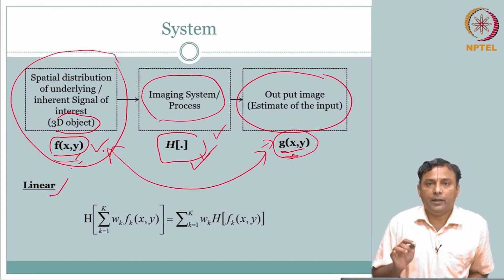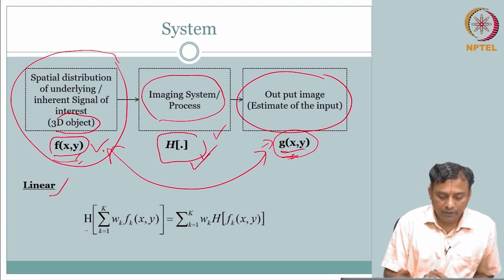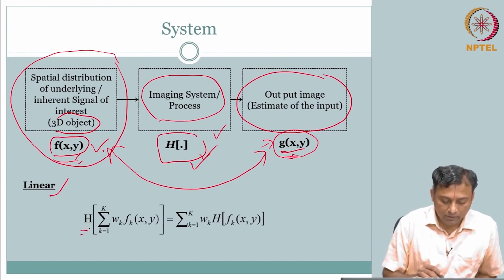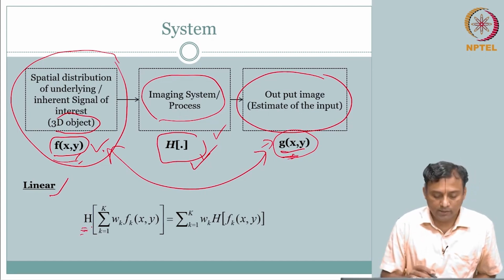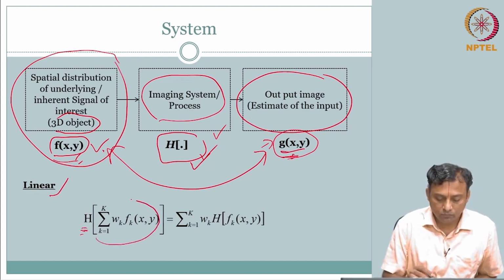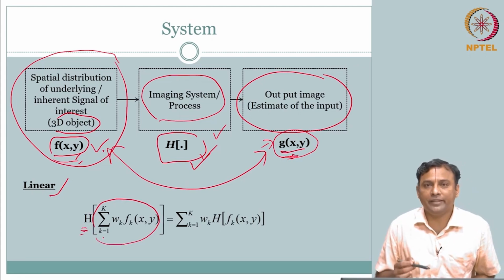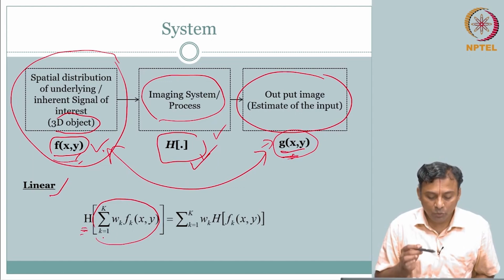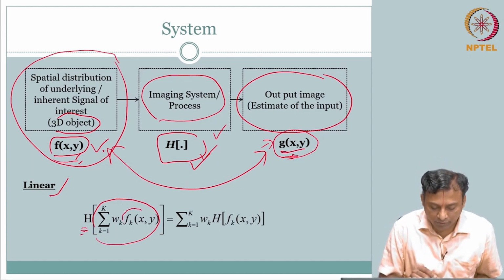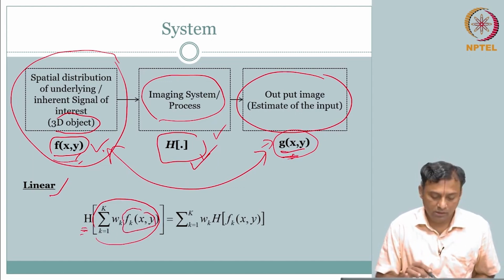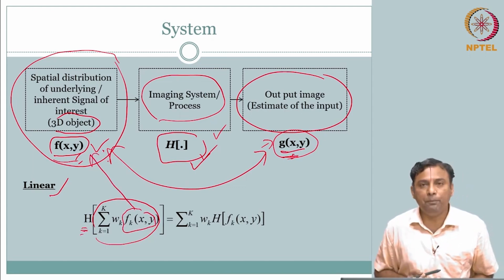You have h of, right, this is your system. What is this? We really do not know. I have just written some formulation, some representation. But what do we know here? Oh, we know this f of x y. What is this f of x y? That is my input.